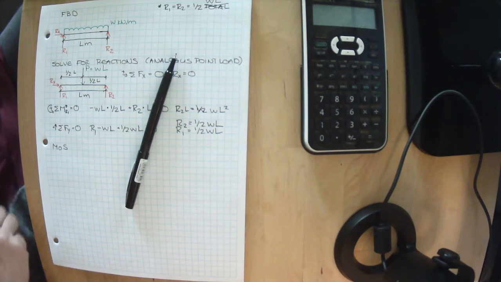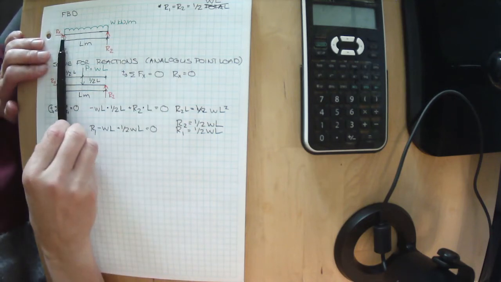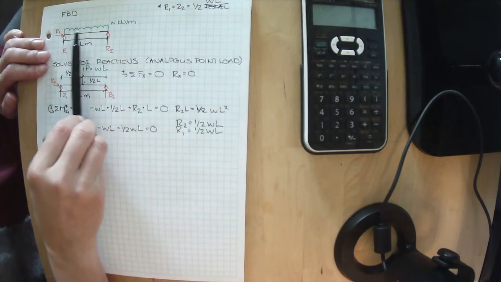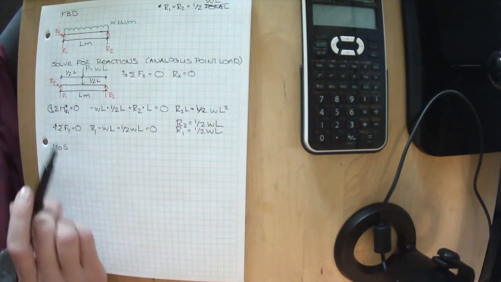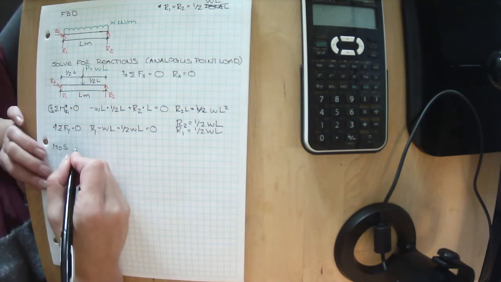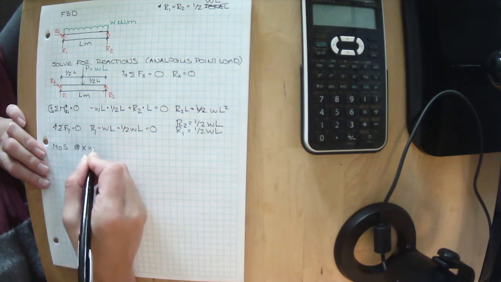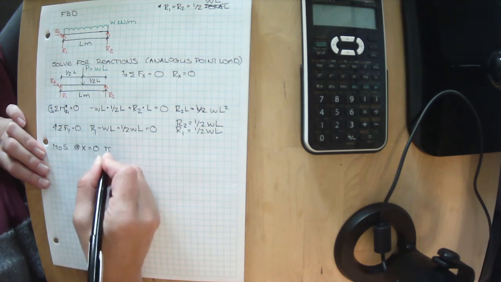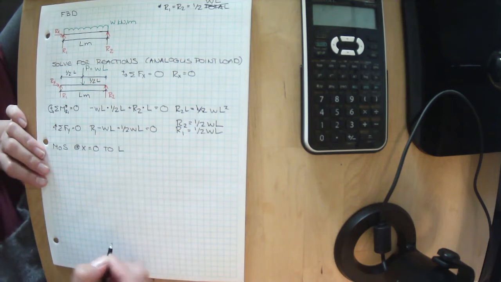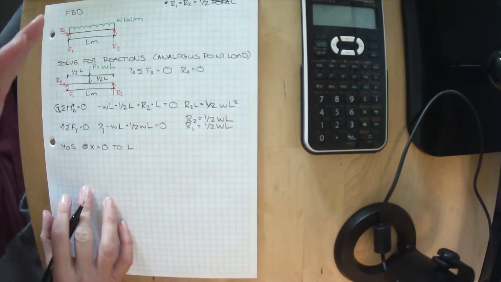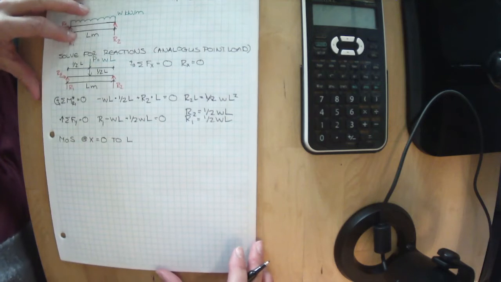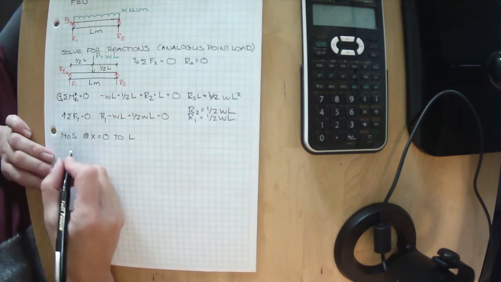So let's treat it as we're going to cut anywhere along this length because we know that the rate of change should be the same. So we're going to look at a cut at X where X equals 0 to L. So one cut, we're going to take a look at what that does to anywhere along the length of this.